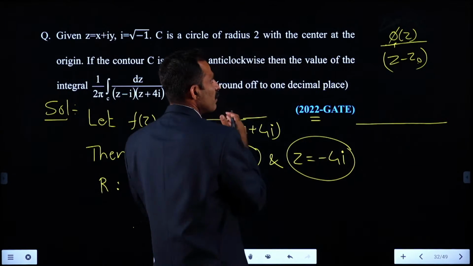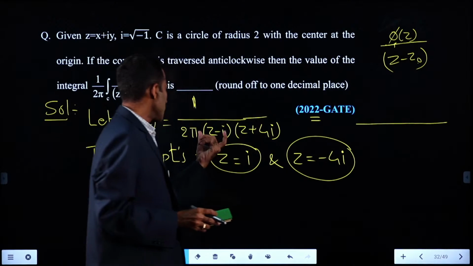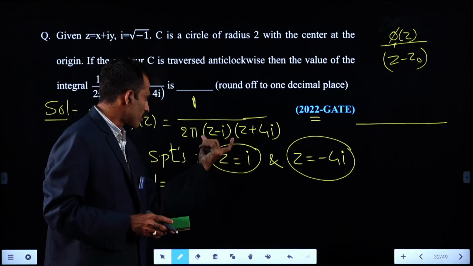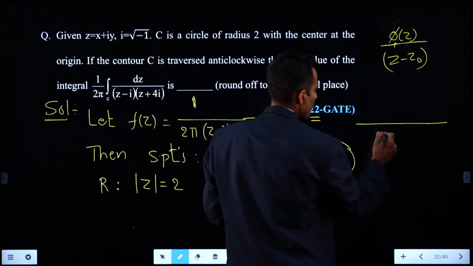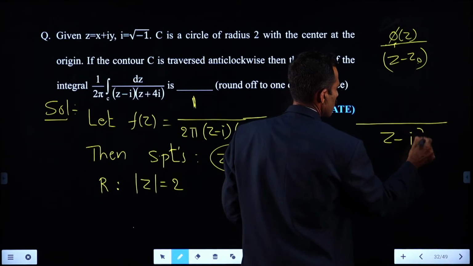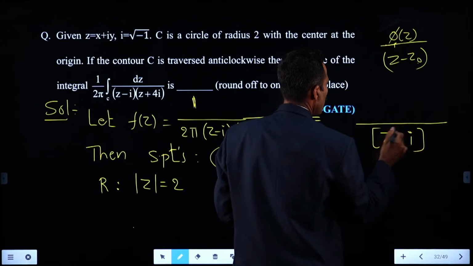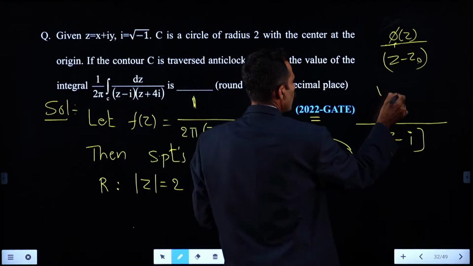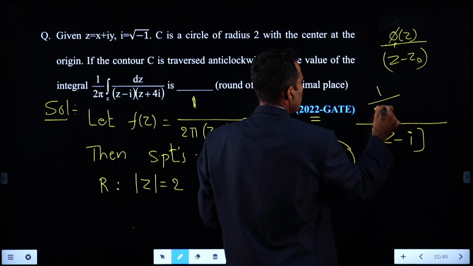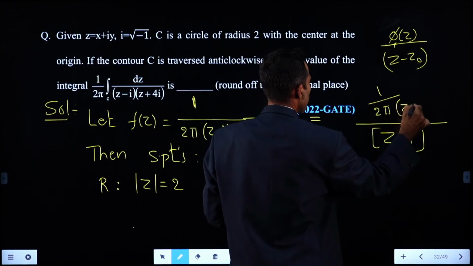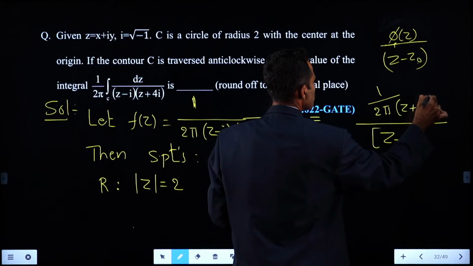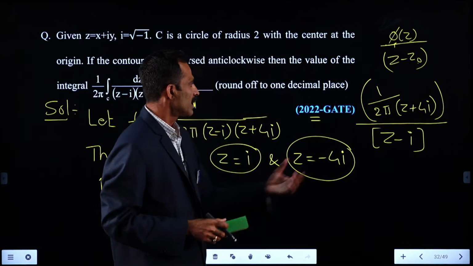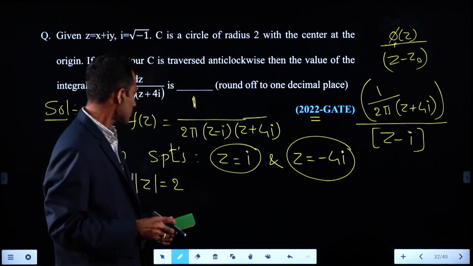So take the factor z minus i in the denominator, because we are getting a singular point from this factor, and take the remaining function as numerator, 1 by 2 pi into (z plus 4i). This is the phi of z function in the phi of z by z minus z0 form.